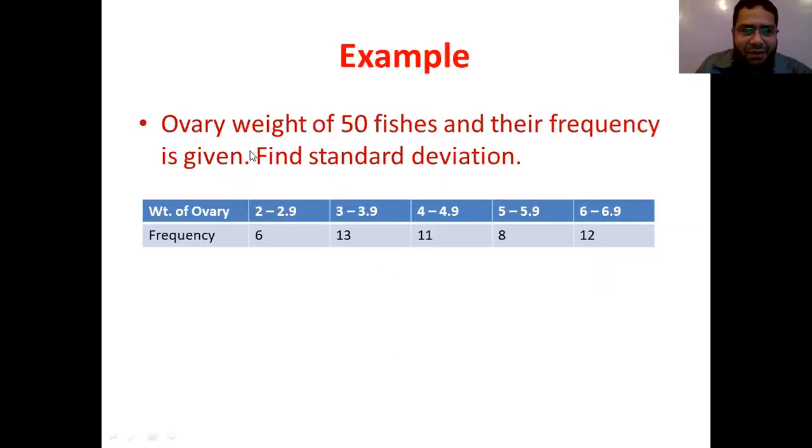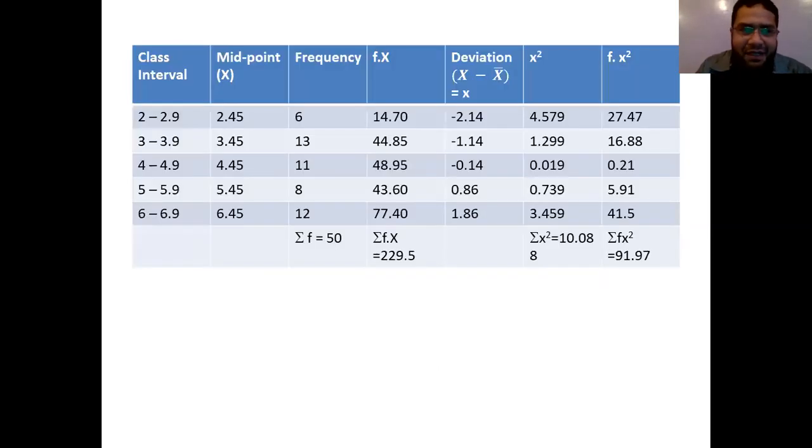Then one more example: ovary weight of 50 fishes and their frequency is given. Find the standard deviation. The weight of ovary is given as class intervals with the corresponding frequencies. Again, we put this data in the form of a table. We find the mean value of each class interval, then with the frequency we find the corresponding fx values.